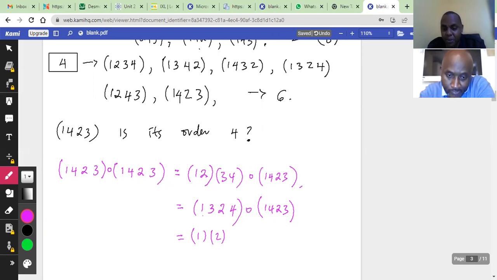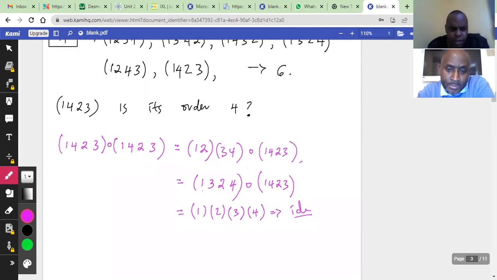So 2 goes back to 2. 3 goes to 2, 2 goes to 3. So 3 goes back to 3. 4 goes to 1, 1 goes to 4. And this is the identity.